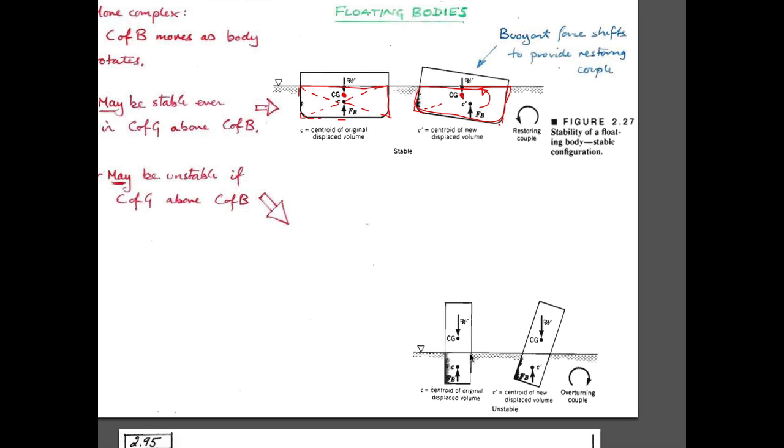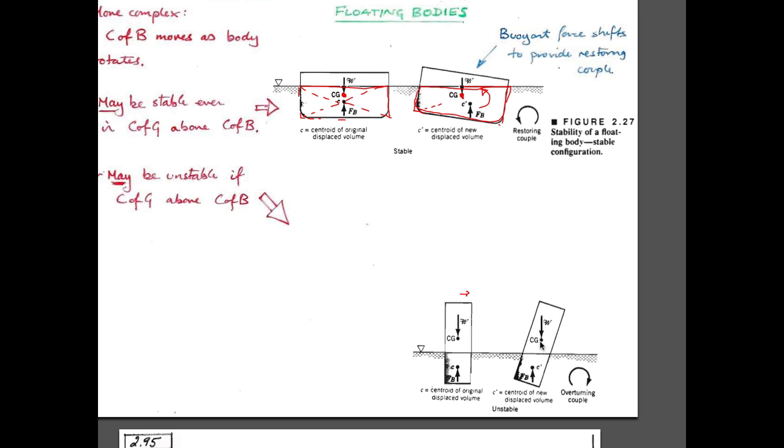If you have the case where, for instance, you have a really very high center of gravity, as you may do in a sailing boat, that's one of the reasons you have a keel with some weight on it, to try and move the center of gravity down. Then in this particular case, the opposite happens. Here you have a small movement to the right.